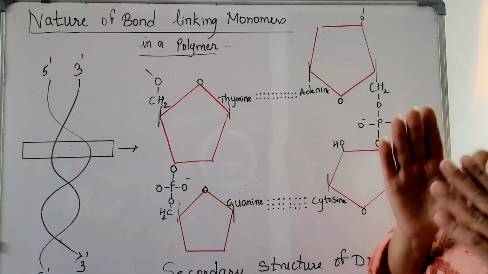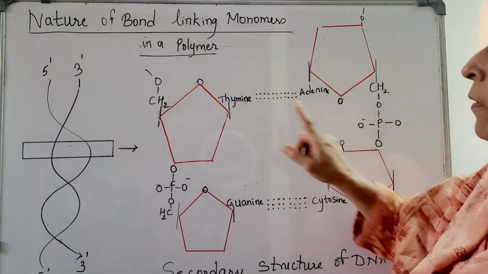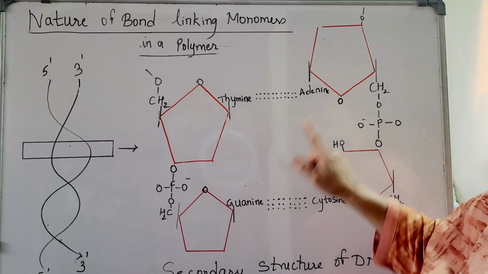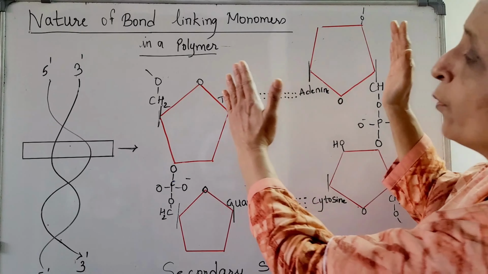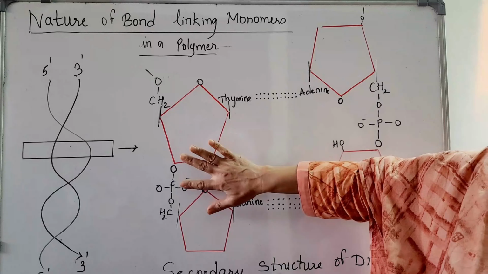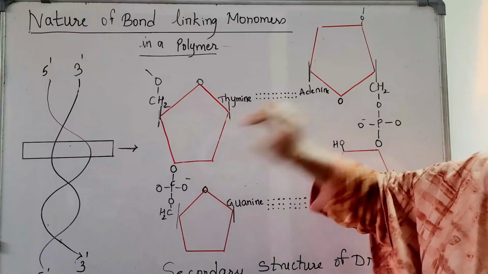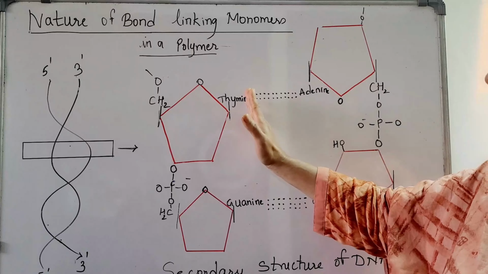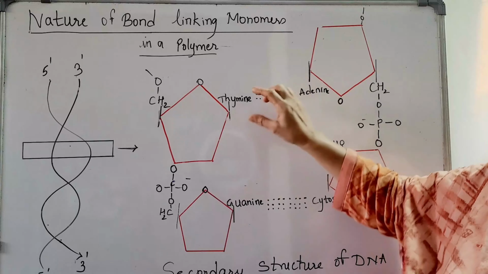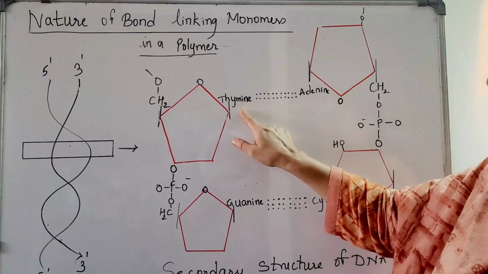They are anti-parallel. They are exactly opposite because opposite nitrogenous bases are present. Here the backbone remains the same with the sugar and phosphate group, which has two ester bonds, diester bonds formed. And the nitrogenous bases go on getting attached with hydrogen bonds, and these are opposite.